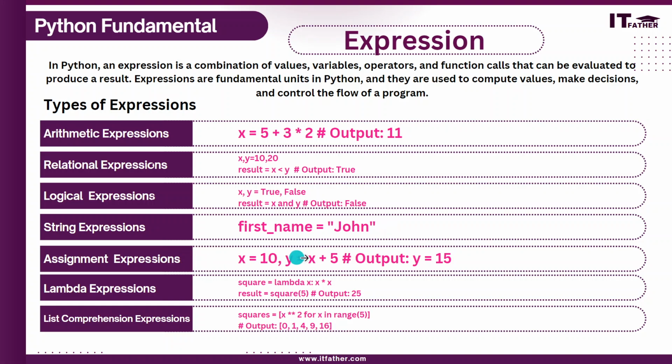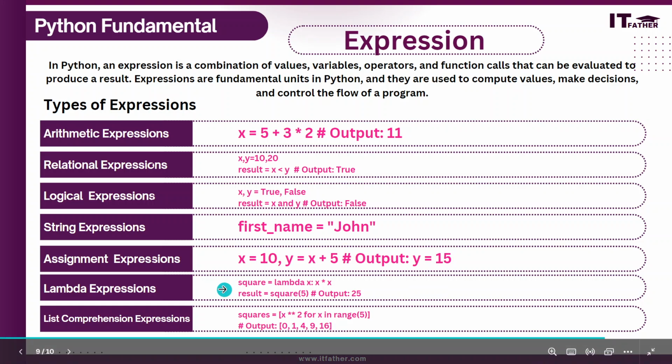We have assignment expressions, where we can assign a value, like x equal to 10, y equal to x plus 5, and the output of y is 15. So this is a kind of assignment expression. Lambda expression is also available, where we provide a lambda feature which works as a function.